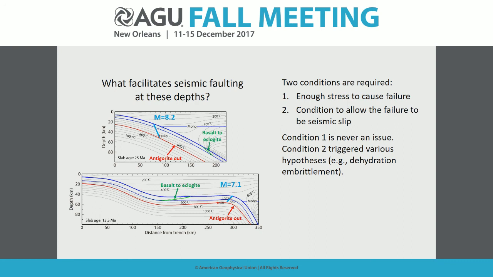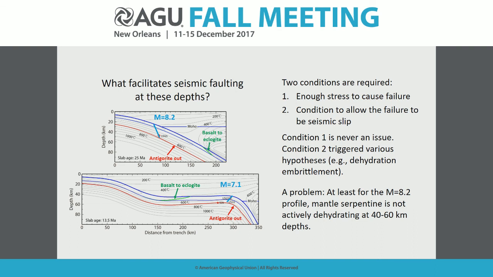And for the second one, many hypotheses have been proposed, right? Maybe the most popular one is dehydration embrittlement. But we have a problem here. At least for this one, as you can see, the temperature doesn't change very much with depth in the slab.